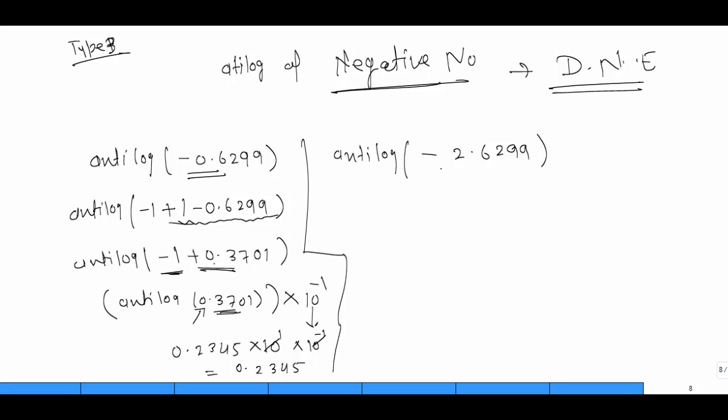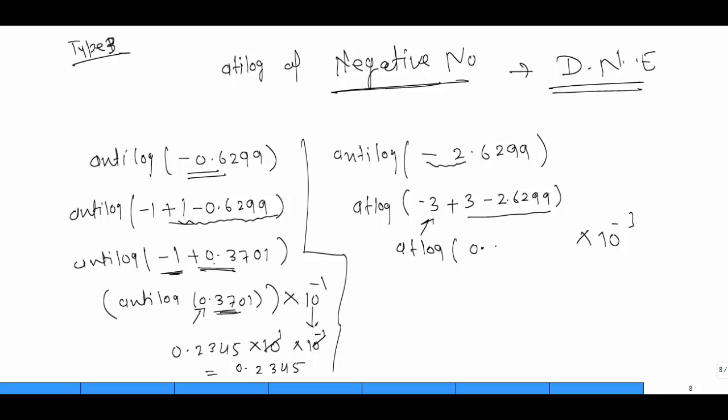So let's take another example, the second case. As I said there, we have minus 2 here. So what can we add and subtract? We will do antilog of minus 3 plus 3, then minus 2.6299. If you simplify this part, minus 3 stays as it is, so you multiply by 10 raised to minus 3. Now you get antilog of 0.3701.